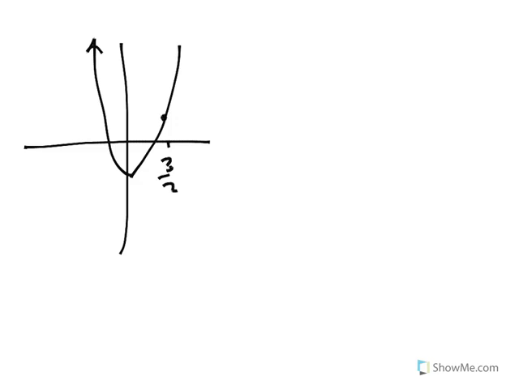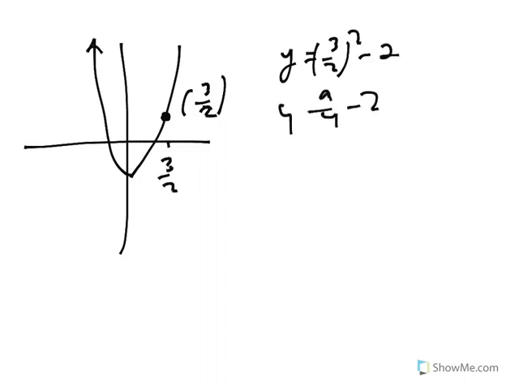So this point is 3 over 2. The parabola is y equals x squared minus 2, so it's 3 over 2 squared minus 2, which is 9 over 4 minus 8 over 4, which is 1/4.